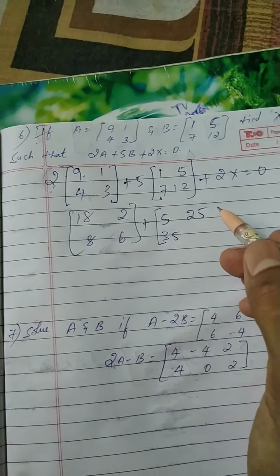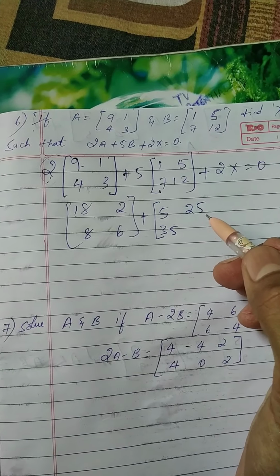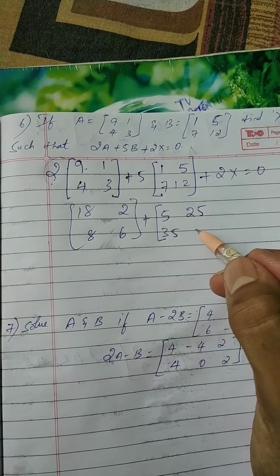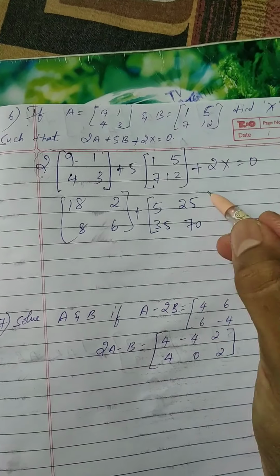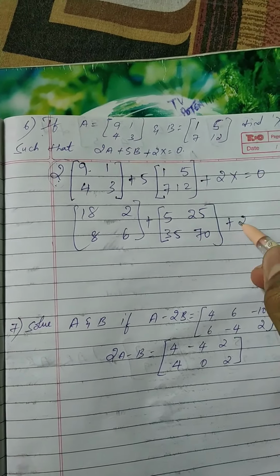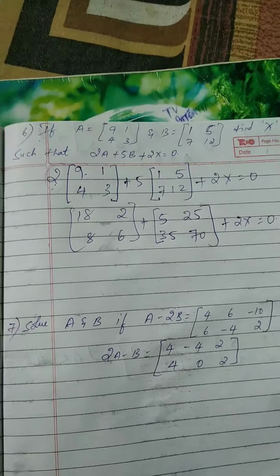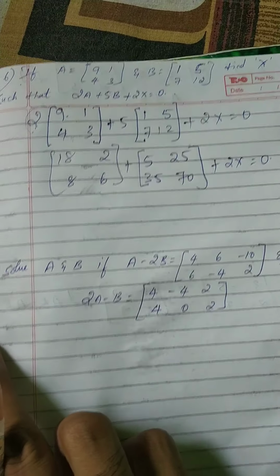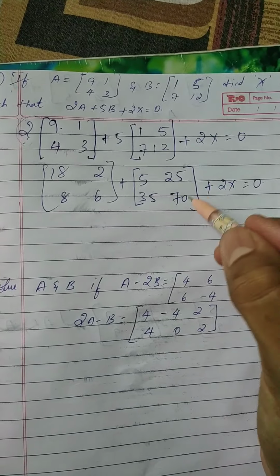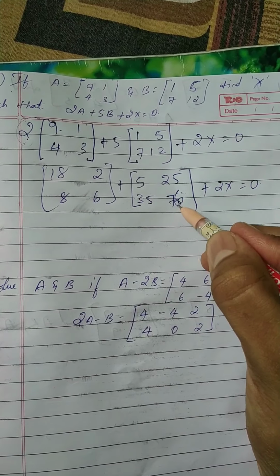Then 5 12s are 60. Plus 2X is equal to 0.